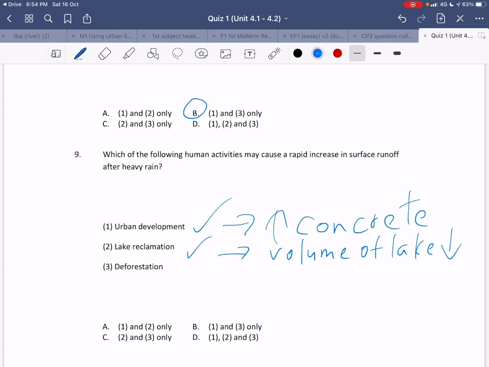So the storage function of the lake will be lowered. Deforestation is also true, because it can increase soil erosion, and the water will go directly into the river. So 1, 2, 3.